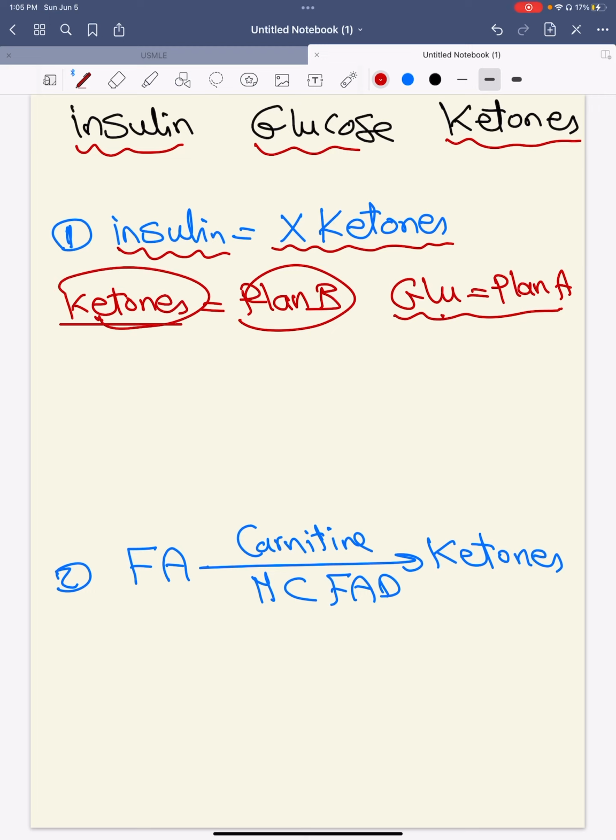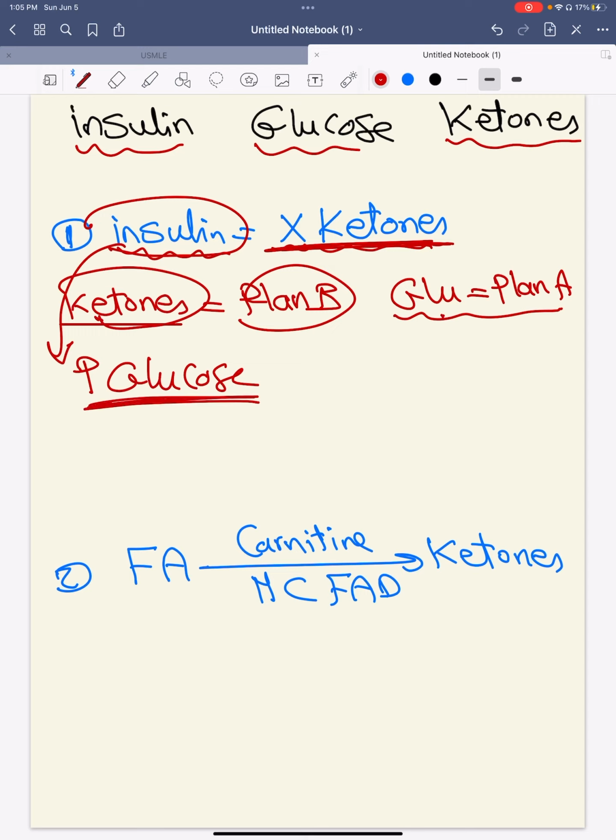So why, if there's insulin, does this mean no ketones? What stimulates insulin release? Glucose, right? So glucose stimulates insulin release. If you have insulin, this means you have glucose as well. And if you have glucose, you don't need ketones.